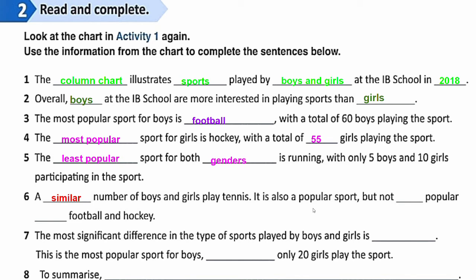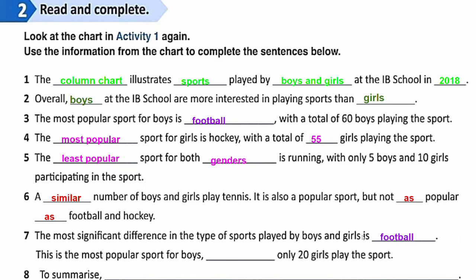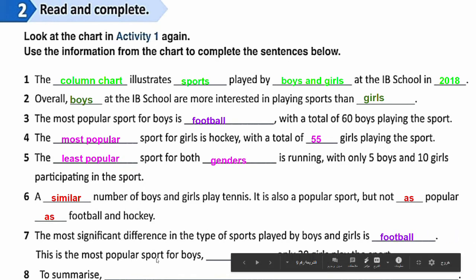It is also a popular sport, but not as popular as football and hockey. Number 7: the most significant difference in the type of sports played by boys and girls is, of course, football. This is the most popular sport for boys, so it's up to students to summarize their conclusion.